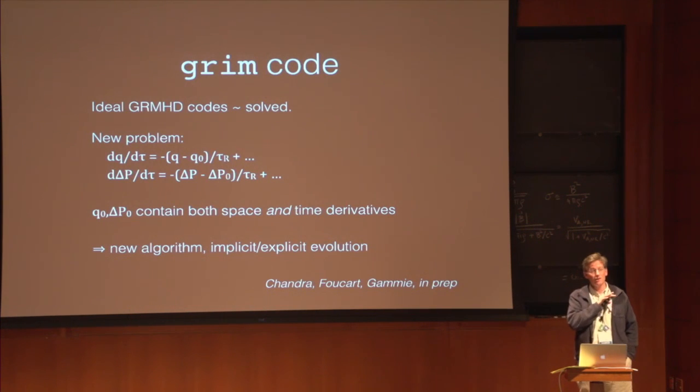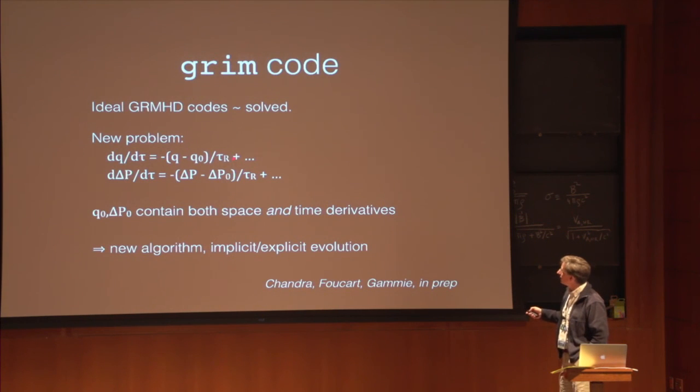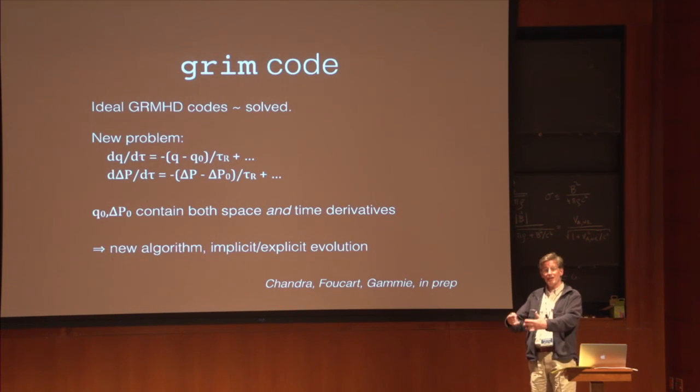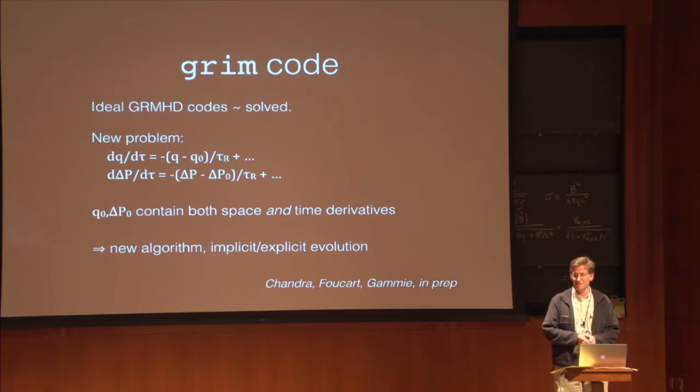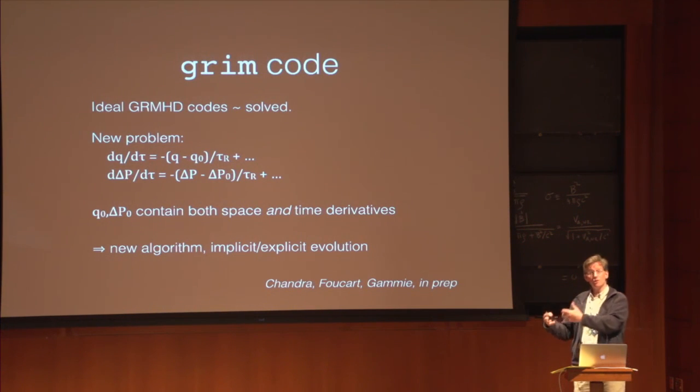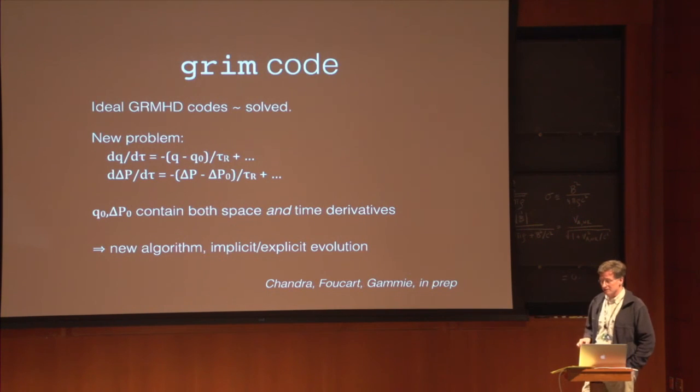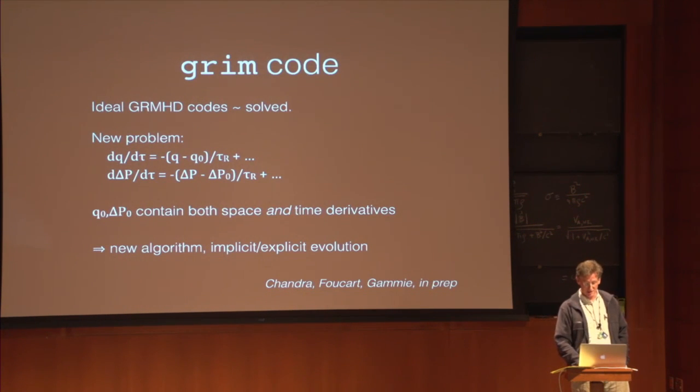And the novel feature here, numerically, the new challenge, is that the right-hand side of these equations, this Q naught and delta P naught, contain both space and time derivatives. So it's not trivial to evolve these systems. And what we have to do is move the time derivatives to the other side of the equations, and then use a locally implicit scheme to step those pieces forward in time. So we have a new algorithm with a combination of implicit and explicit evolution.